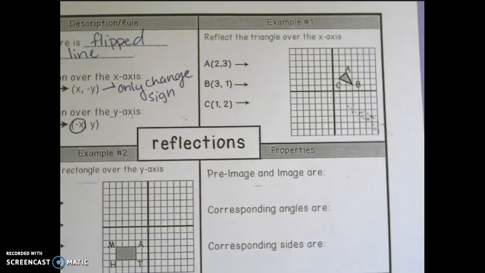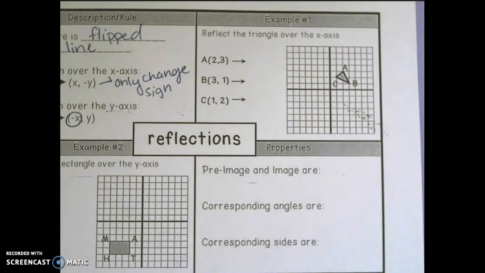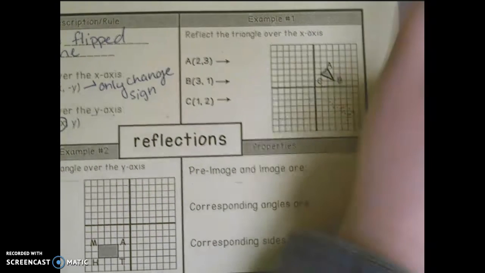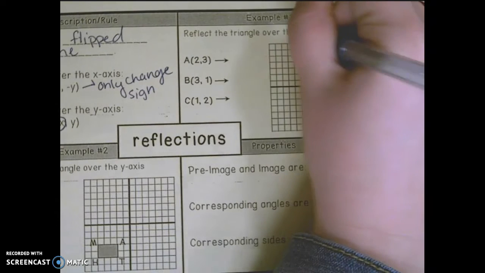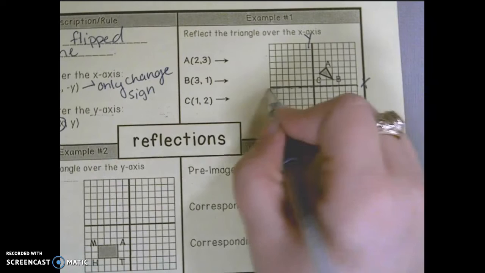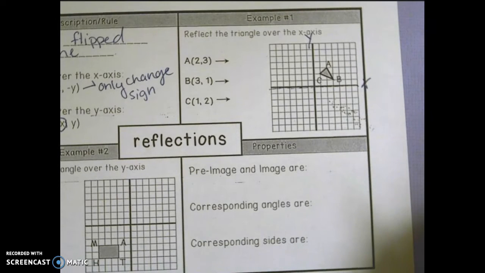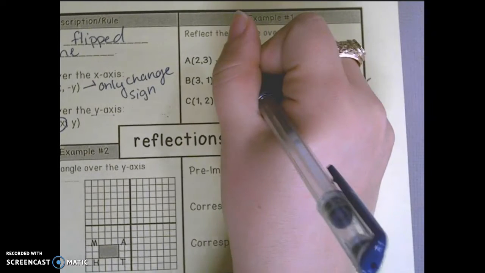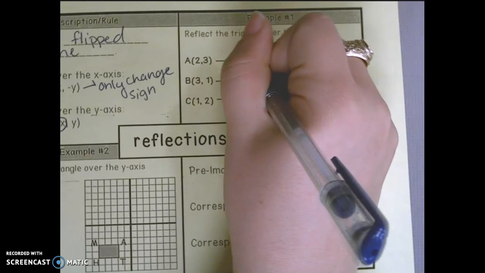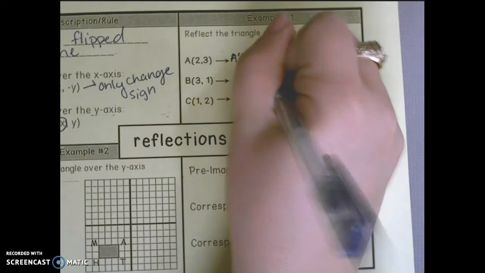So our example is if we're going to flip this image ABC over the x-axis. So this is my x, this is my y. If we're flipping it over the x, we're flipping it over this one. And we're going to just change the signs. So my new A will be at point 2 and -3.